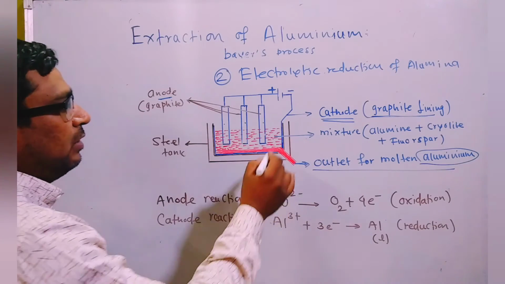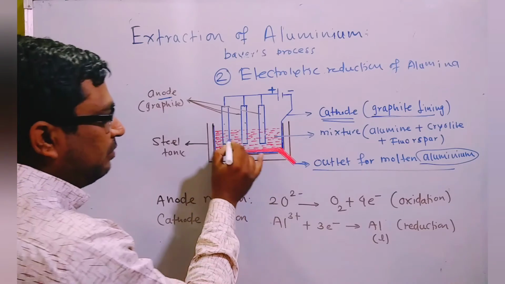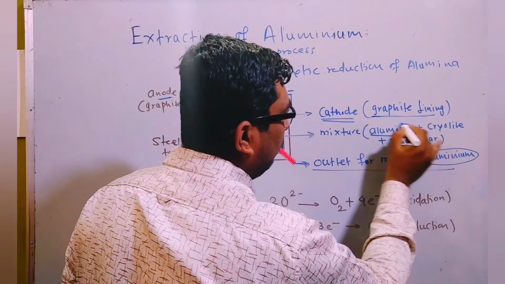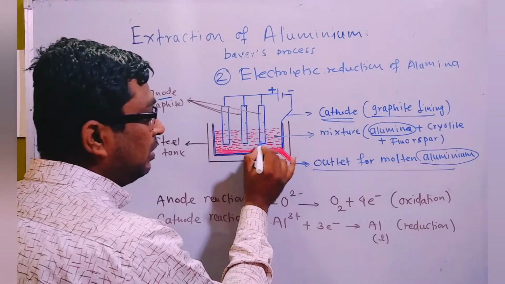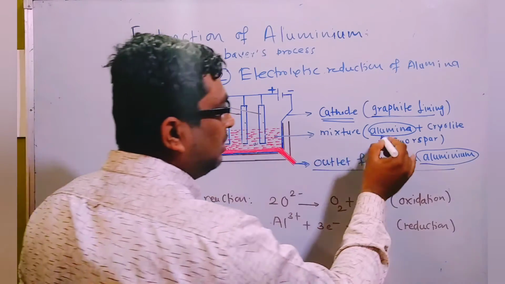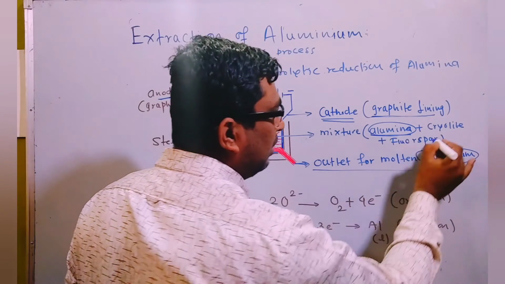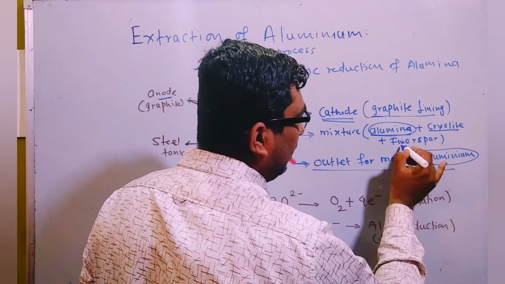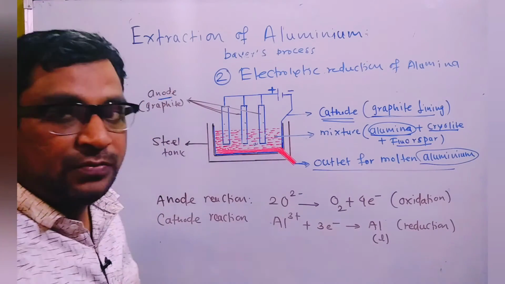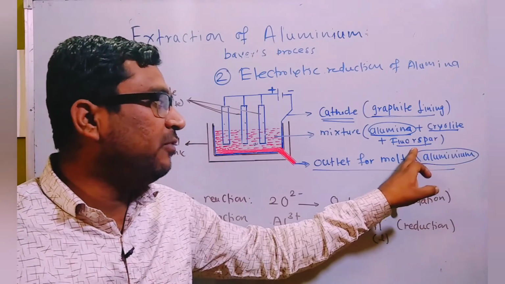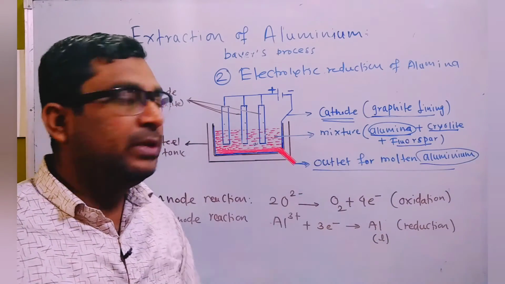One more thing we have is the alumina. Not only the alumina, we have a mixture, which is called the electrolyte, because it is a solution, and this electrolyte has three parts: first alumina, and second, the mixing of this alumina with cryolite and fluorspar. Why do we have to add cryolite and fluorspar along with the alumina?